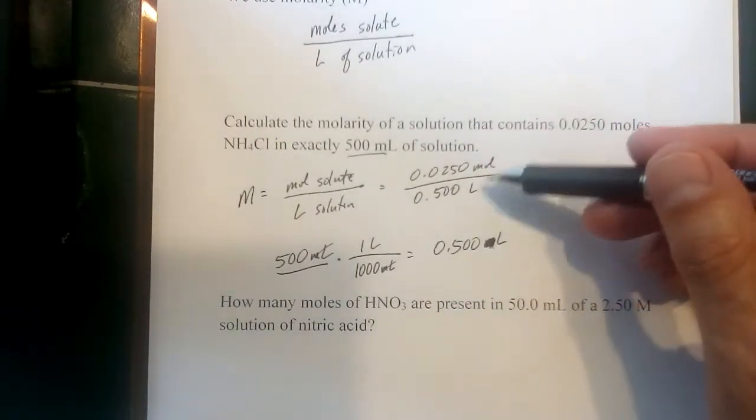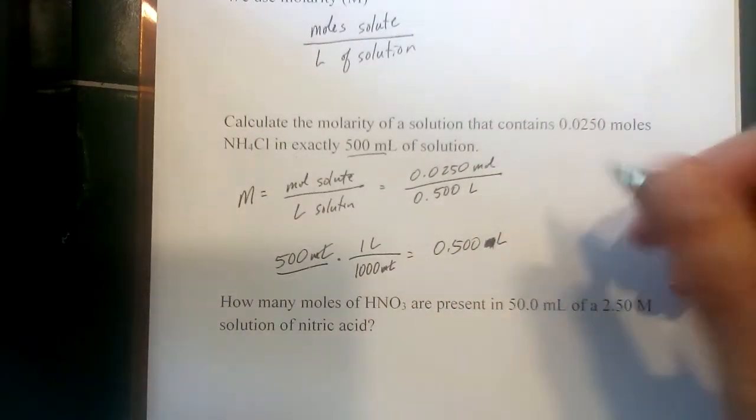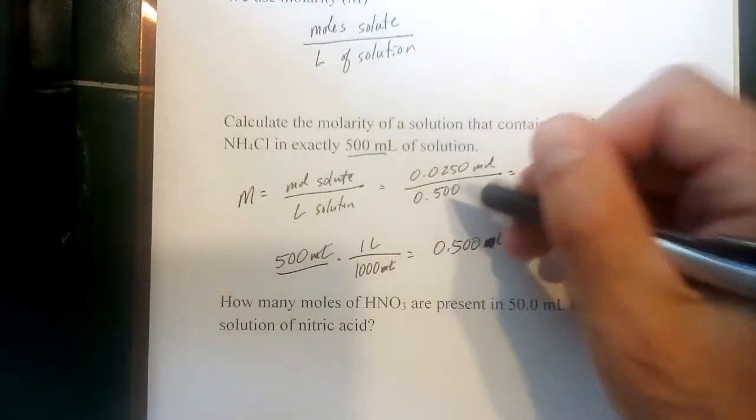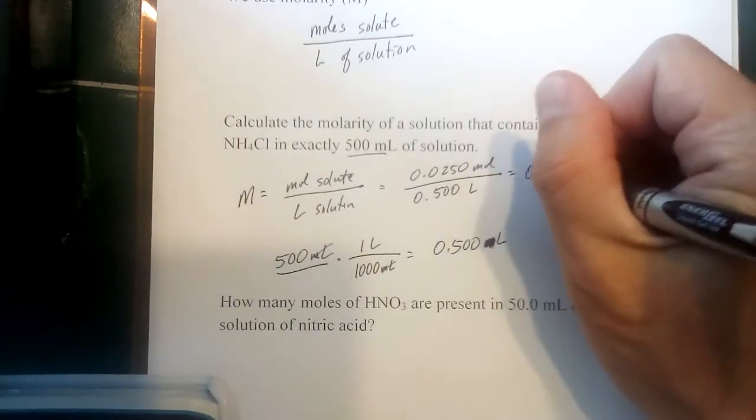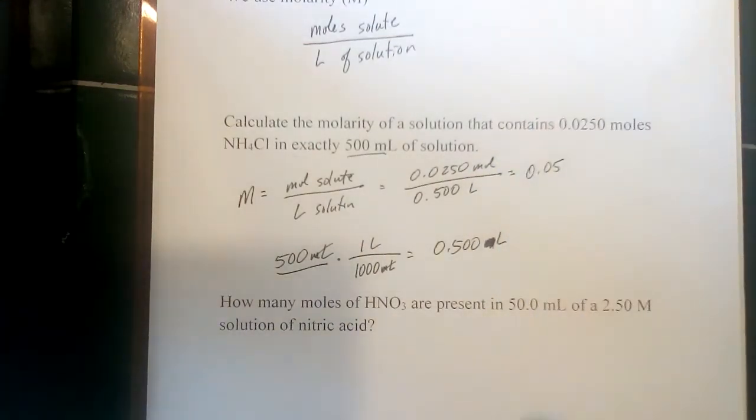Right now we've got moles over liters. That's the set of units that describes molarity. We just need to divide here. So we'll have to find the calculator. 0.025 divided by 0.5. Actually, that's not that hard of a division. 0.05.